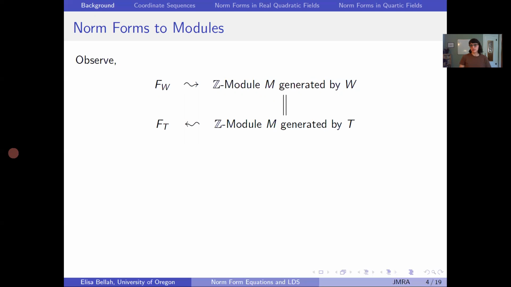Say I have some other basis T. The associated norm forms are not necessarily equal, but it's a short exercise to show that they are integrally equivalent.